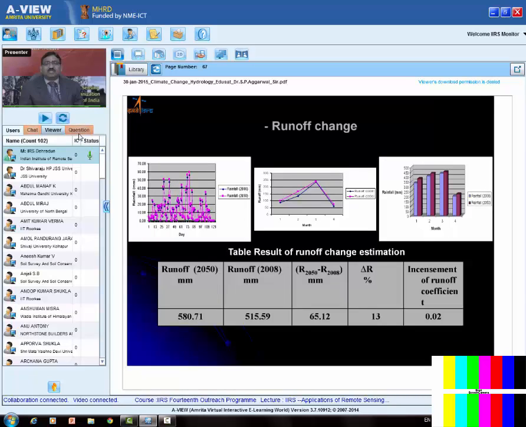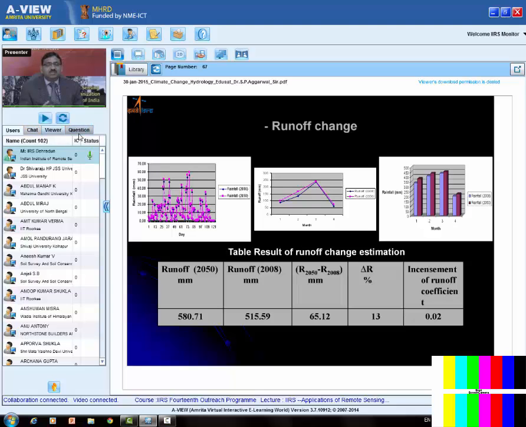This is my first forecast. Second, I estimated the water balance and found that runoff increased. You can see 515 will increase to 580. It means in 2050 runoff will increase by 13%.